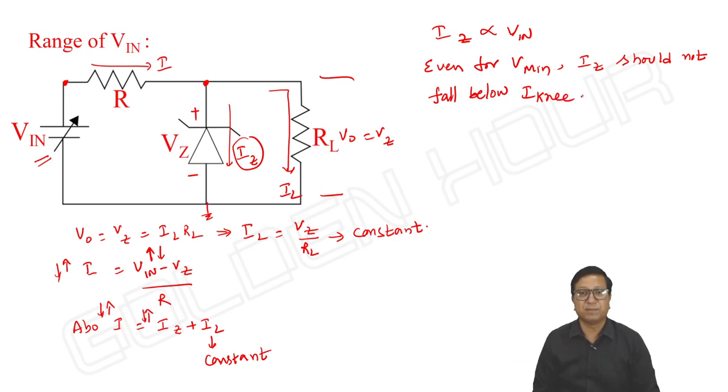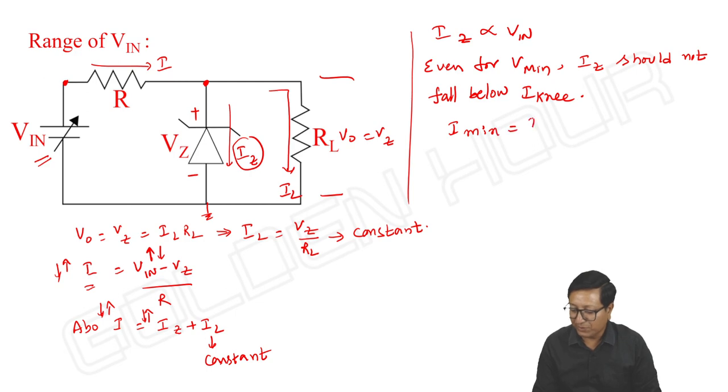Very simple statement. As input is minimum, the corresponding I is also minimum, and the corresponding IZ is also minimum. So I can write I minimum is equal to IZ minimum, that is neck current, plus IL.